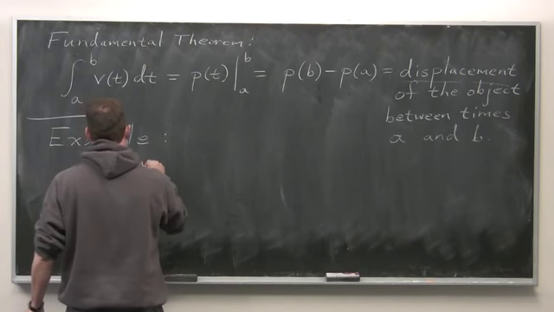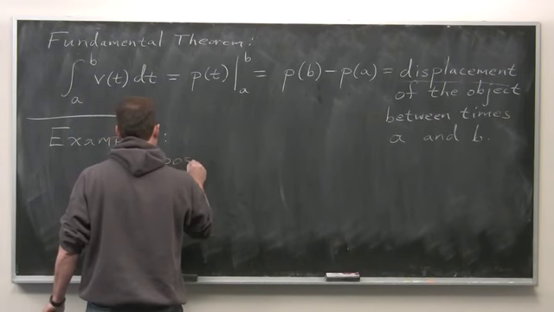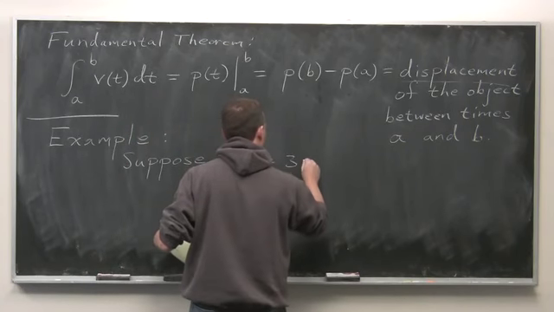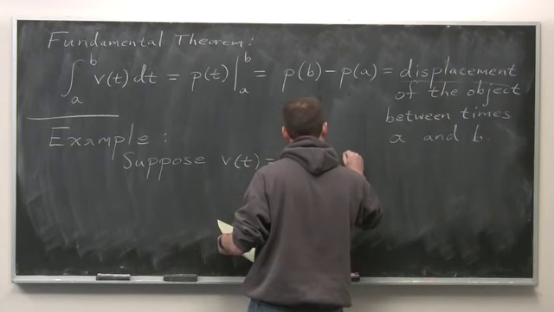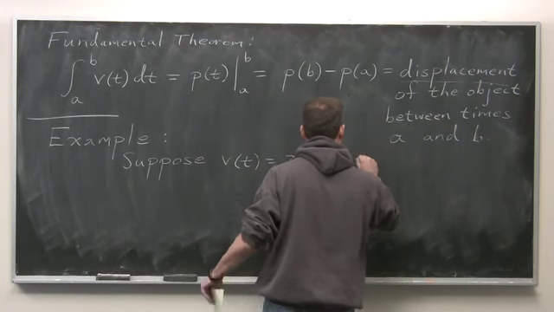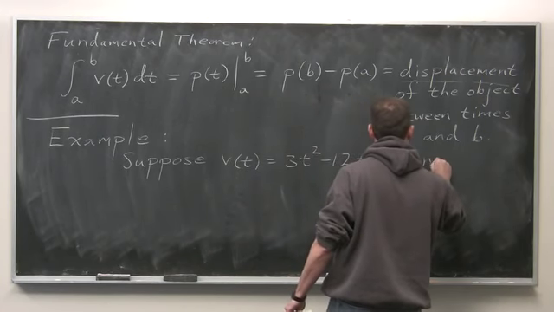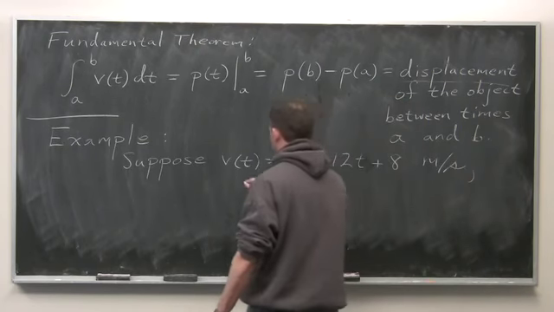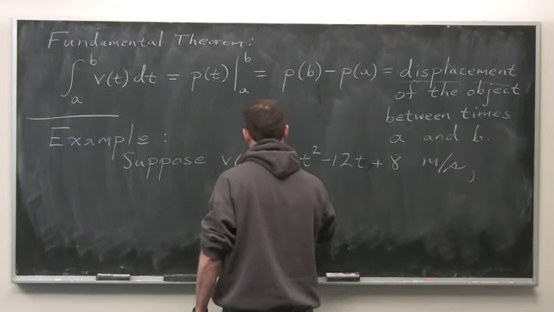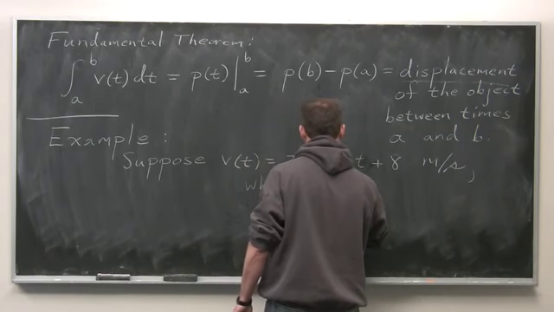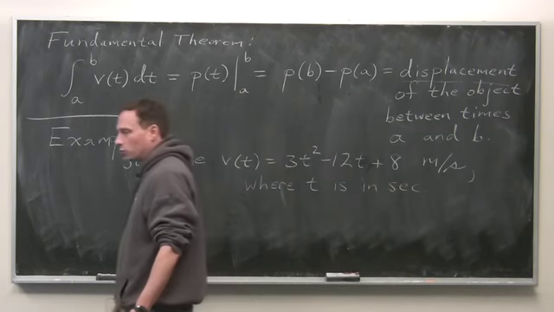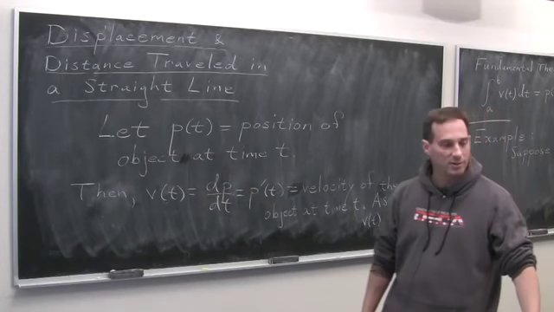Suppose we know the velocity. Suppose v of t is 3t squared minus 12t plus 8 meters per second, where t is in seconds. Okay, so suppose you're given that velocity function.